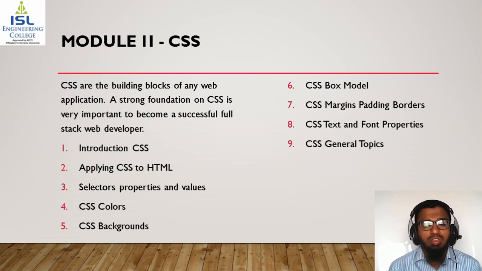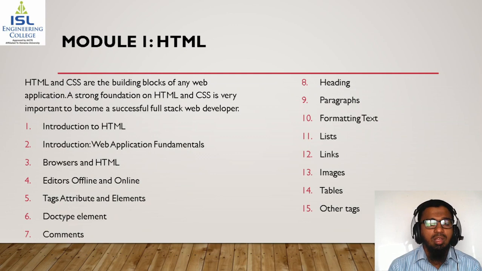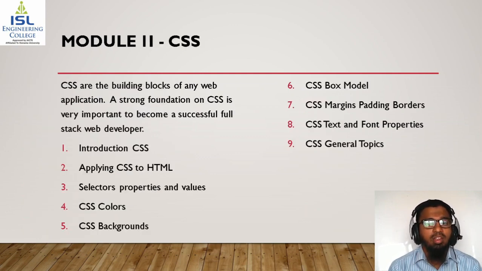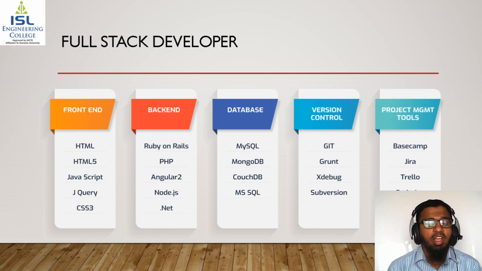Okay, so this is very, very important. In your first semester you are going to learn HTML and CSS. If you learn these two things, then you can become a front end developer. Okay, can you see HTML, HTML5 and CSS3, that is front end.